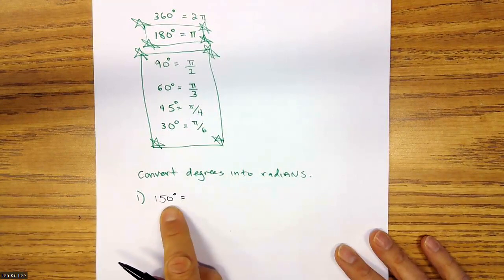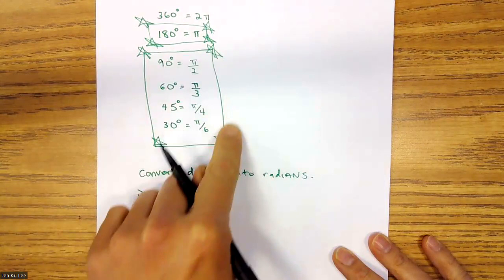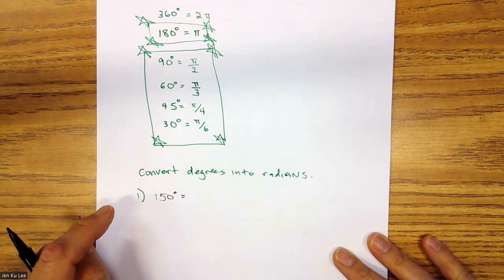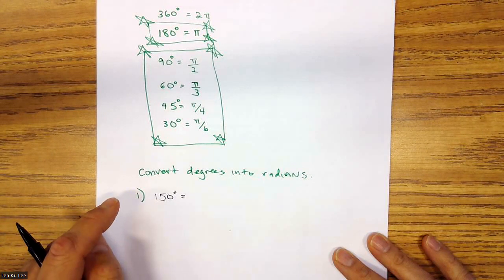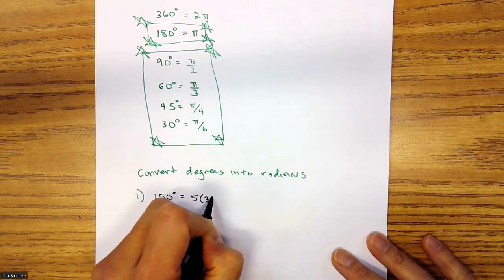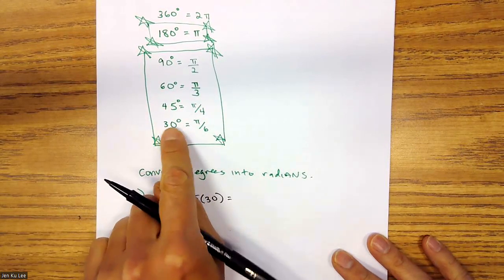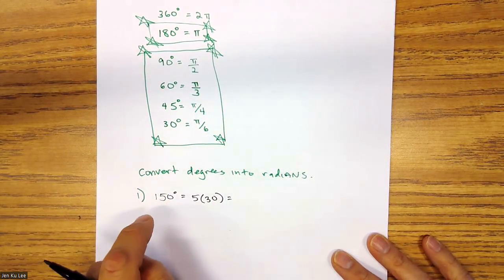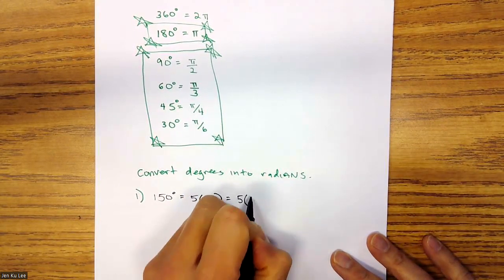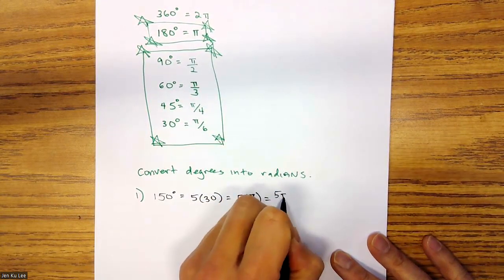Well, I know that 150 is 5 times 30, right? 5 times 30 equals 150. I know 30 degrees is pi over 6, so 150 degrees is 5 times pi over 6, which equals 5 pi over 6.